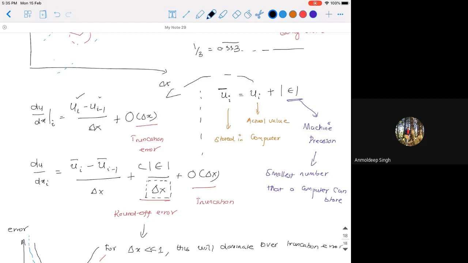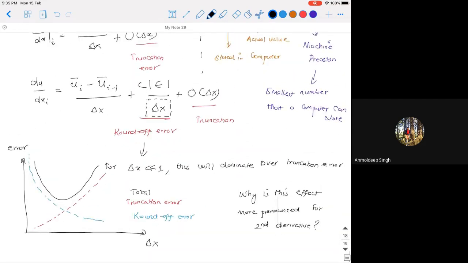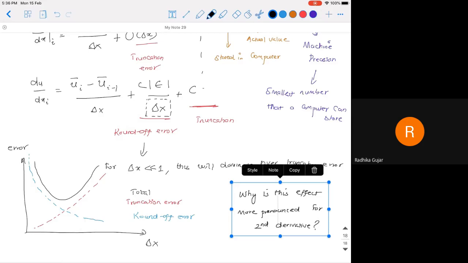You get the point? Is it clear for everyone? Tanmay, Anurag, Radhika. Is it because our mesh is getting finer, so that's the reason this error is reducing? The truncation error has order of delta x. When we say order of delta x, what we have is some constant times delta x.